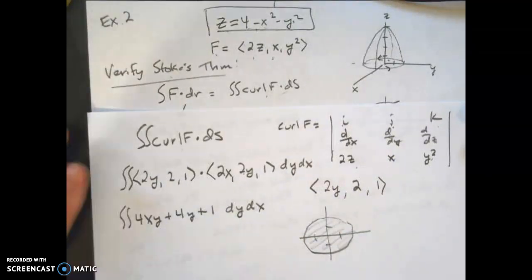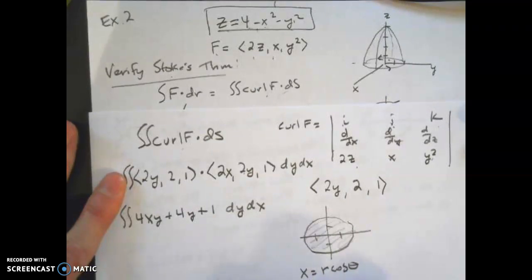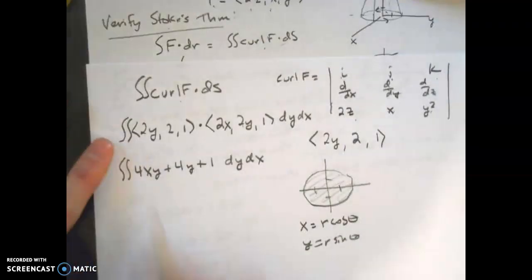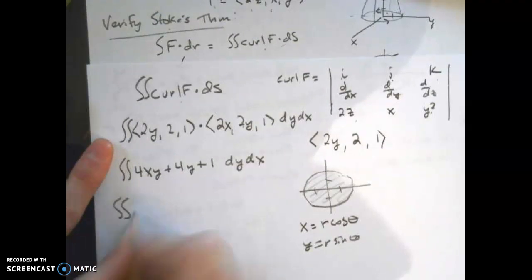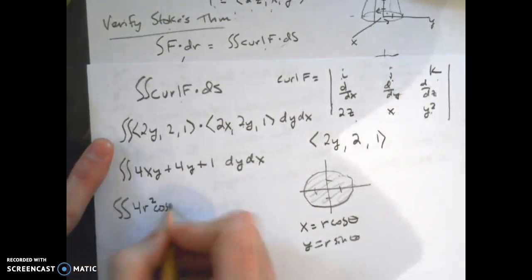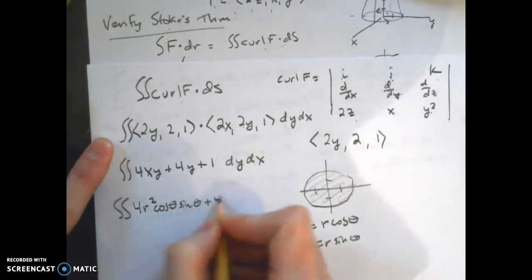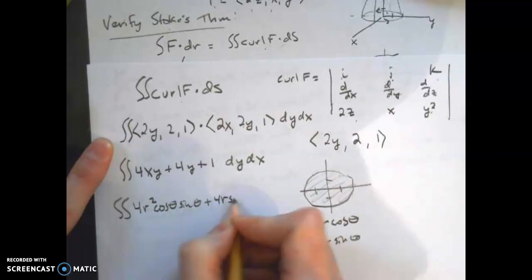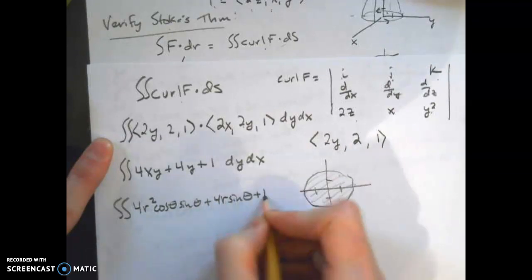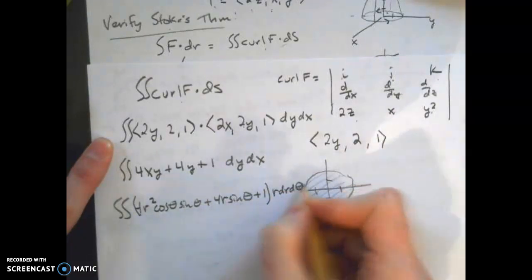So if we want to use polar coordinates here, x is going to be r cosine theta, y is going to be r sine theta, and we're going to have to multiply this out. So that's going to be 4r squared cosine theta sine theta plus 4r sine theta plus 1, r dr d theta.